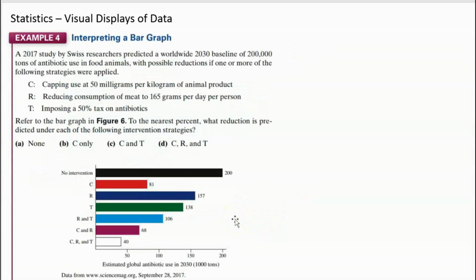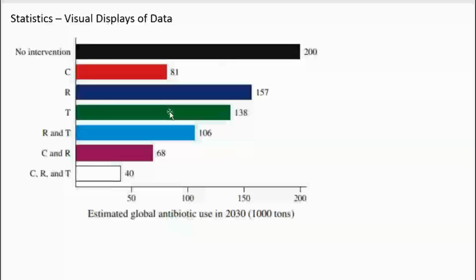R was, if we remind ourselves, reducing consumption of meat. So if people don't eat as much meat, it would reduce antibiotic usage to 157,000 tons. T was the taxes, and then it breaks it down. Well, what if we do R and T, or C and R?